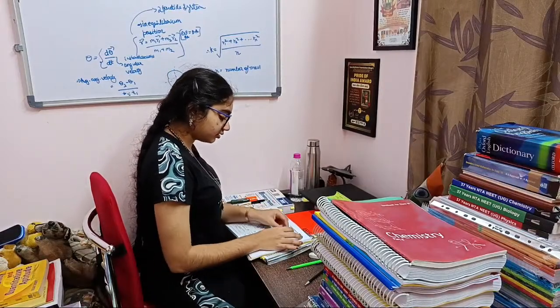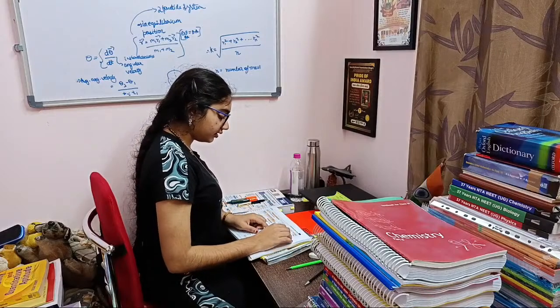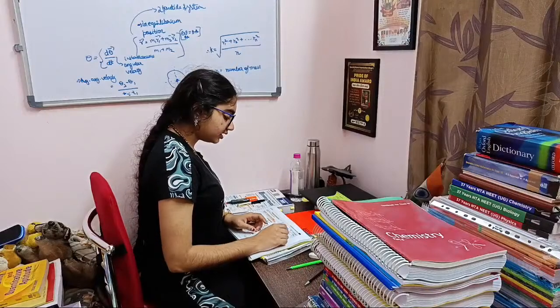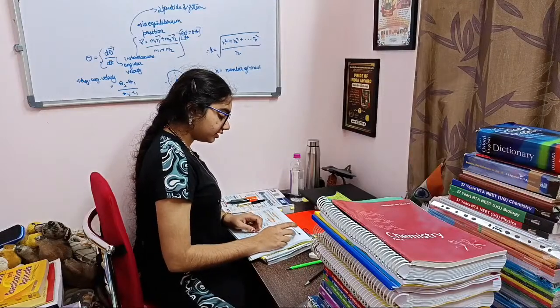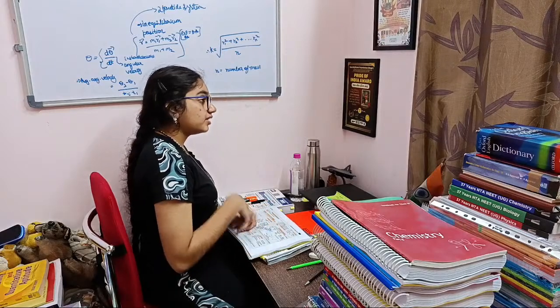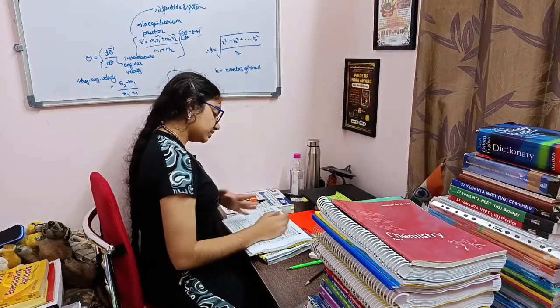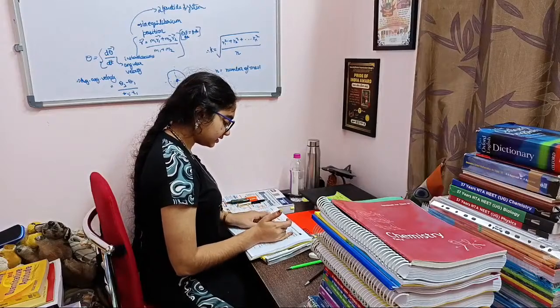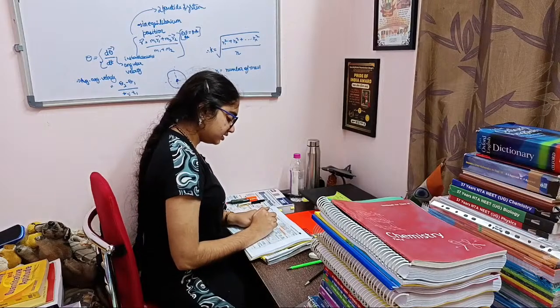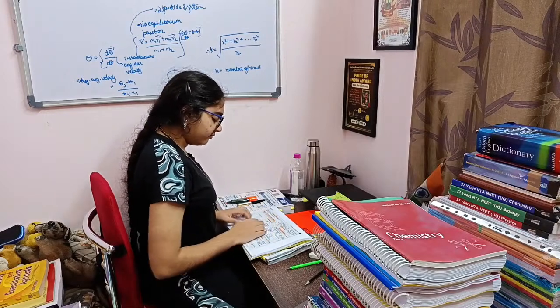That together with ERV constitutes FRC. Now VC comes to IRV plus ERV plus TV. TLC, total lung capacity, is all four components. And EC, expiratory capacity, is TV plus ERV.